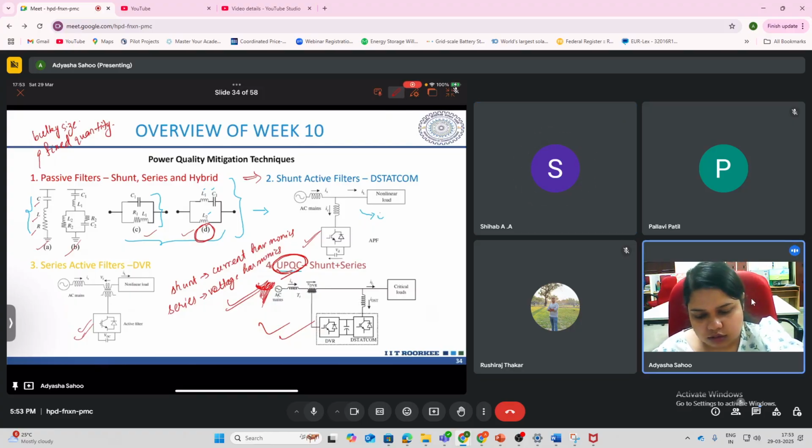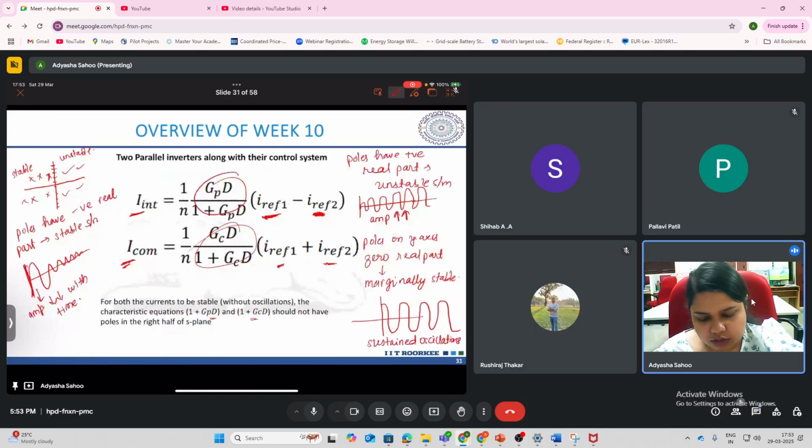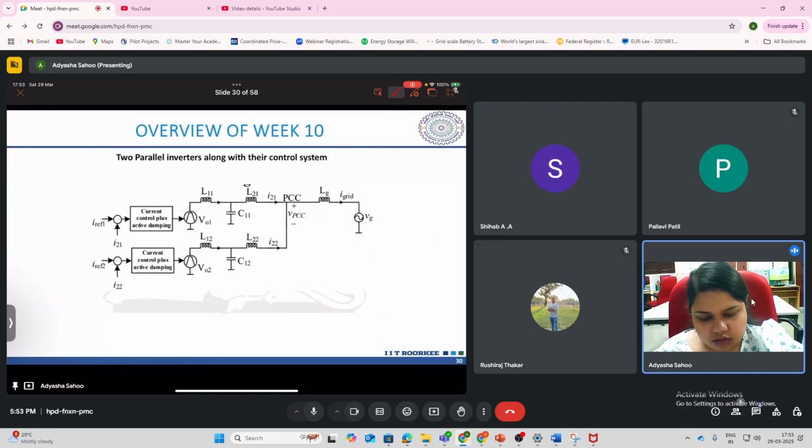So there, basically, we are trying to mitigate these two components we had, right, I21 and I22. The interactive currents are introducing problems, right? Because we don't want them in our circuit. We only want the common current part.